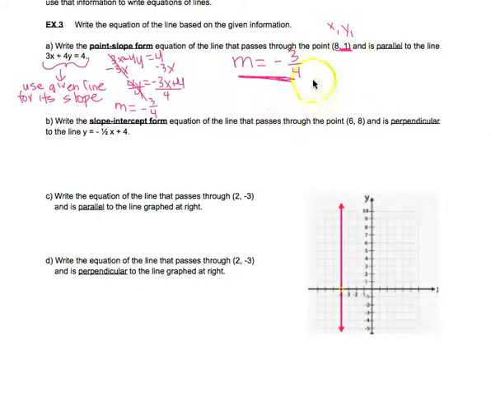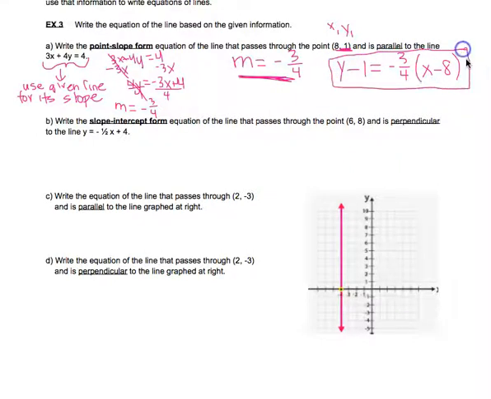So I'll do y minus y1 equals m, which is -3/4, times x minus x1. And it does say in the directions that my answer should be in point slope form, so I don't need to do anything else here.